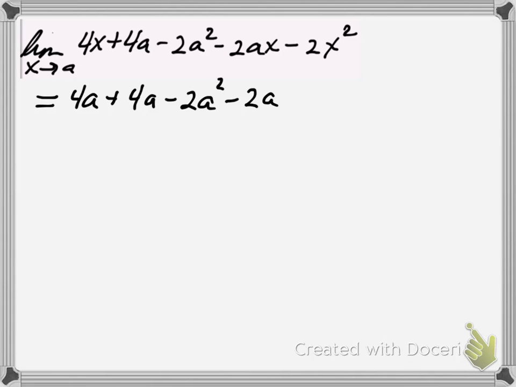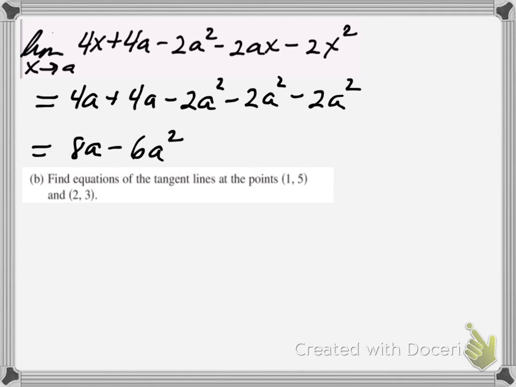If I substitute an a here, I get a 2a squared, and if I plug in another a there, I get another 2a squared. Combining all of my like terms, I find that my slope, as x approaches a, is 8a plus 6a squared.